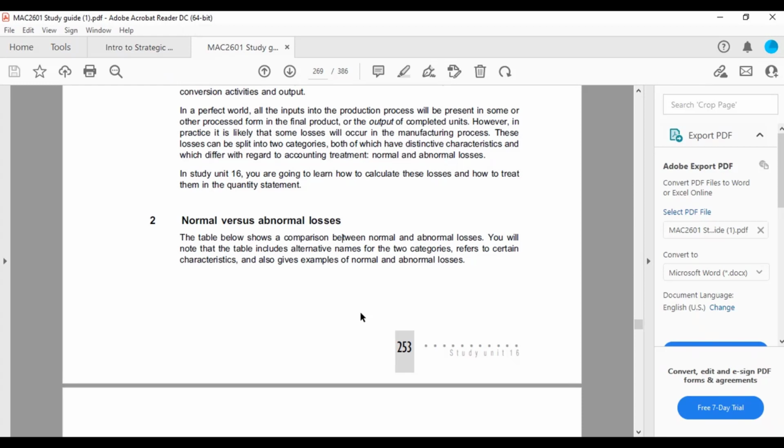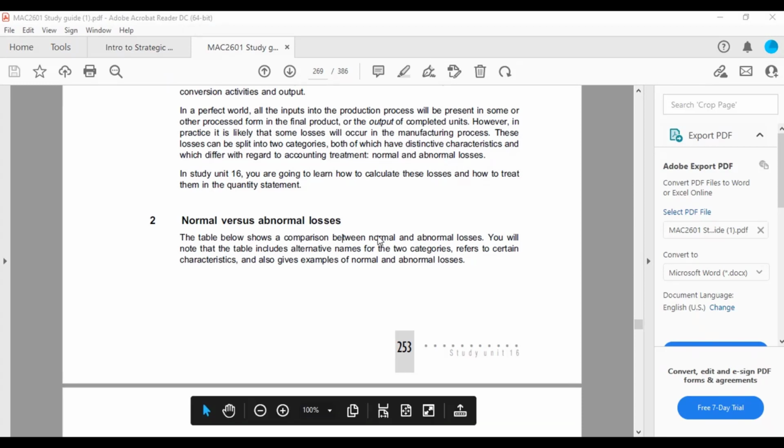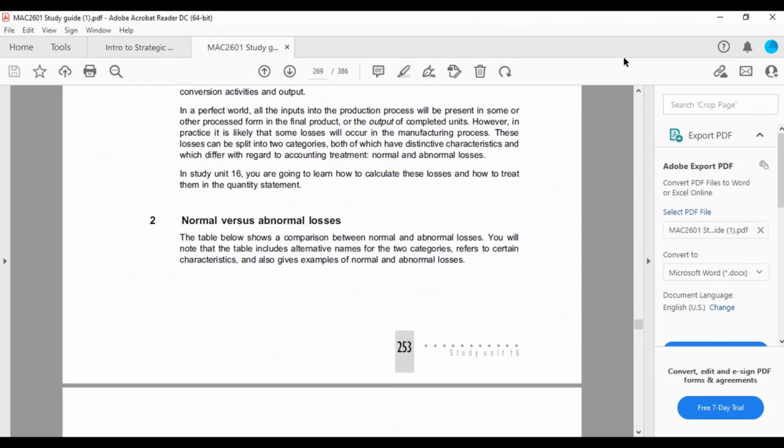Okay. Everyone likes. Let me try. Yes. I think a normal loss is, I'll make an example, maybe in manufacturing, maybe medication. I don't know how they do it, but maybe it evaporates.